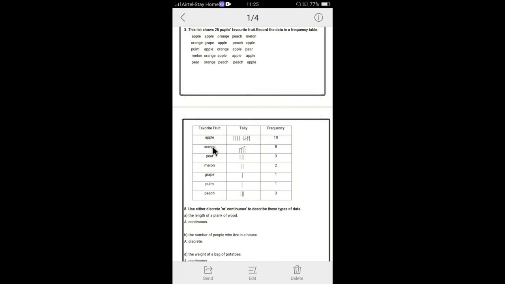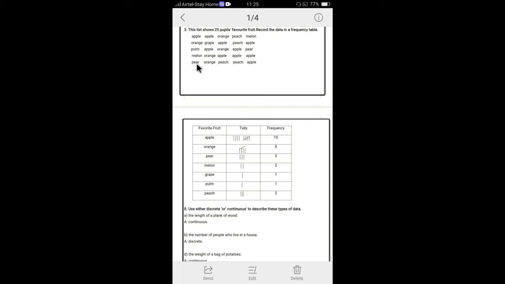So apple is 10. If you see the orange, you can find that orange is 1, 2, 3, 4, 5. Orange is given 5 times. Then pear, lemon, orange, pear: 1, 2.